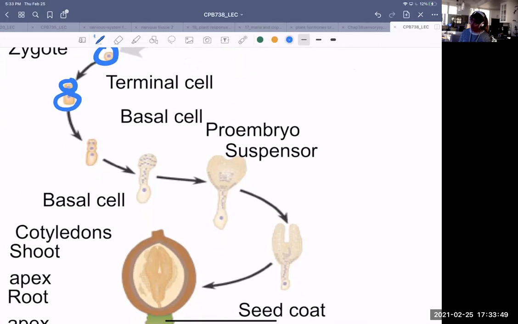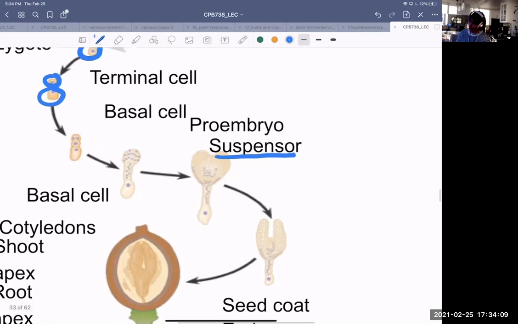Yeah, the basal cell is the part of the embryo that will implant into the ovule, into the plant itself, or into the seed, I should say. And the suspensor will grow into the embryo. That's a terminal cell.